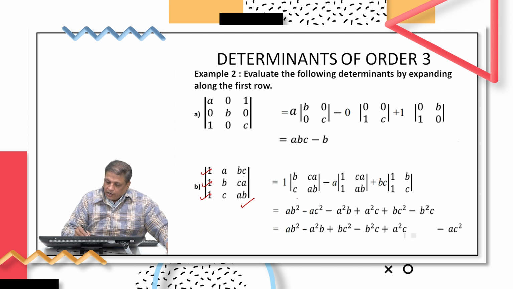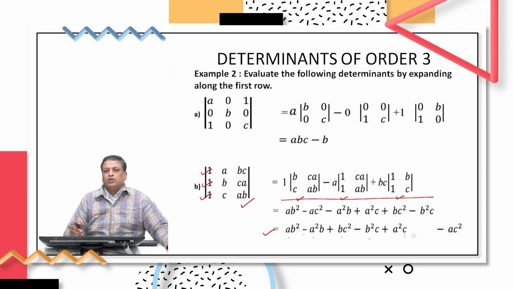Again, expanding the expression as told, you will get this expression. Now after solving this expression, you will get the final solution as ab square minus a square b plus bc square minus b square c plus a square c minus ac square. So this is the solution for the determinant of order 3.